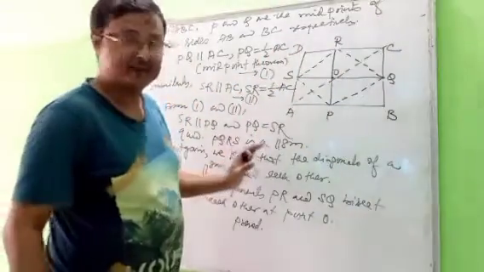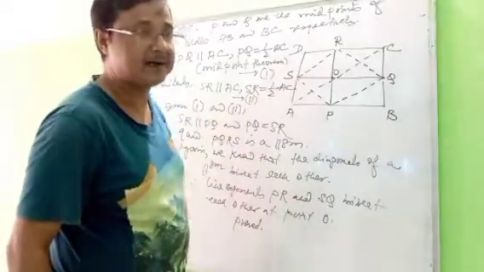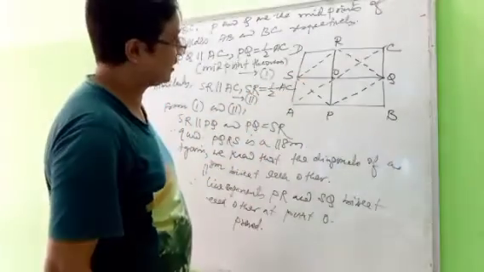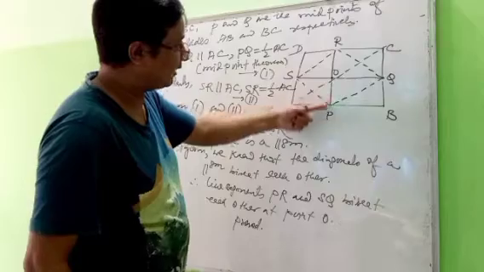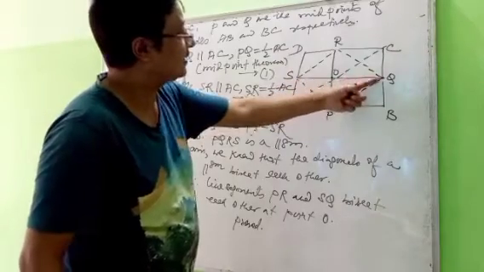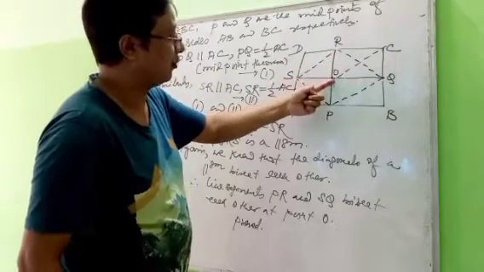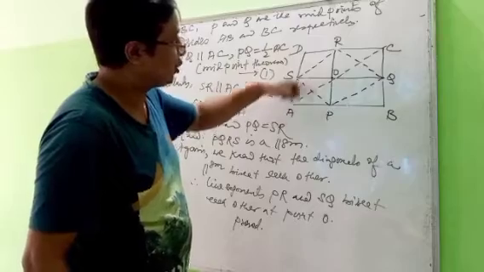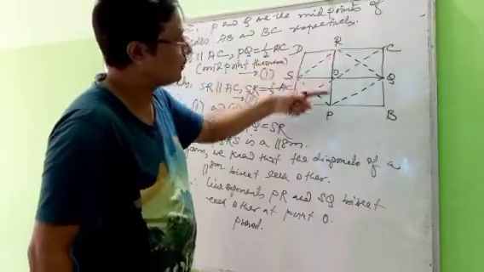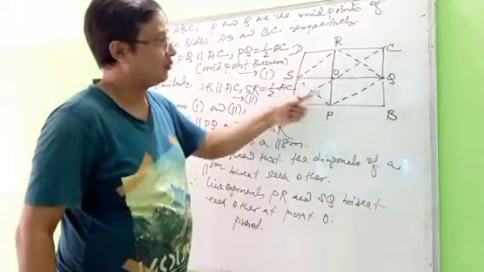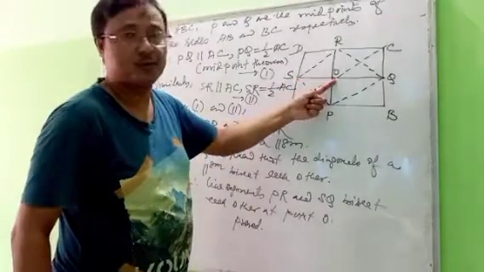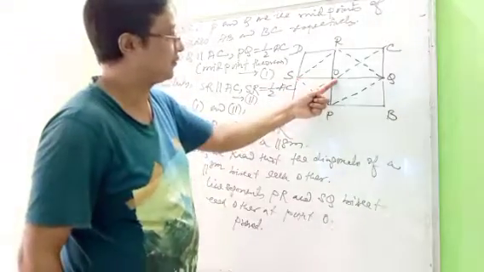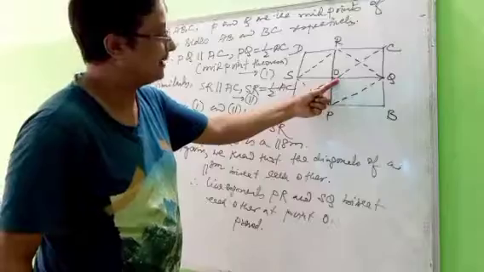Again, we know that the diagonals of the parallelogram bisect each other. So these two diagonals will bisect at point O. Hence the line segments joining the midpoints of the opposite sides will bisect at point O. Thus it is proved.